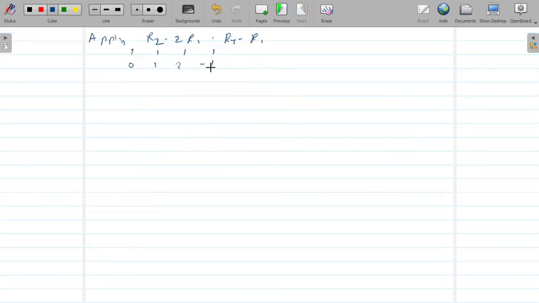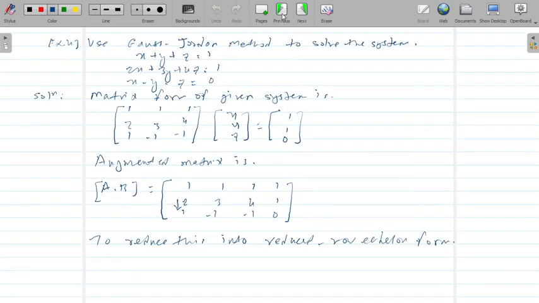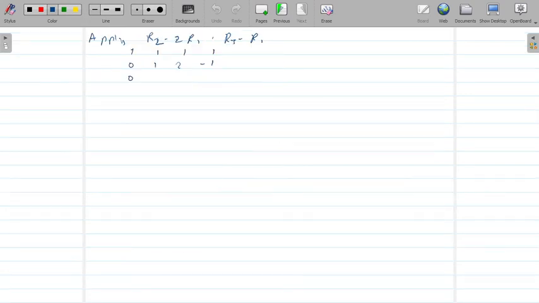Then we are subtracting the first and third row. 1 minus 1 is 0, minus 1 minus 1 is minus 2, minus 1 minus 1 is minus 2, and 0 minus 1 is minus 1. So it is 0, minus 2, minus 2, minus 1. We'll check the calculation.